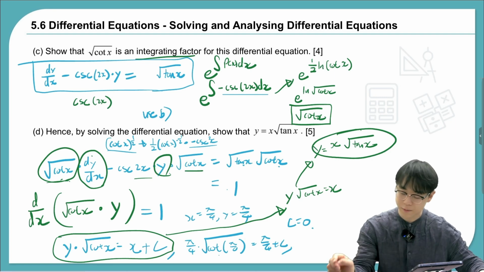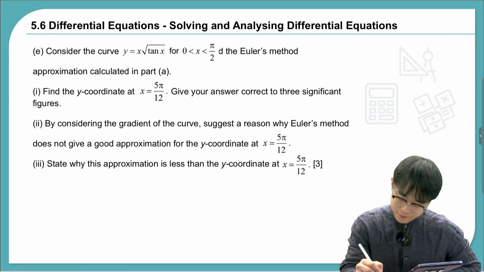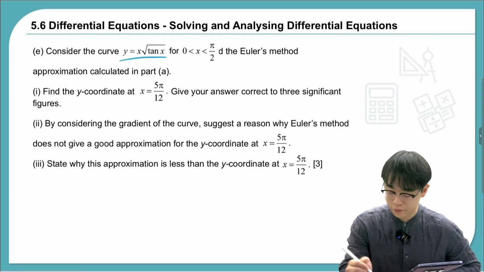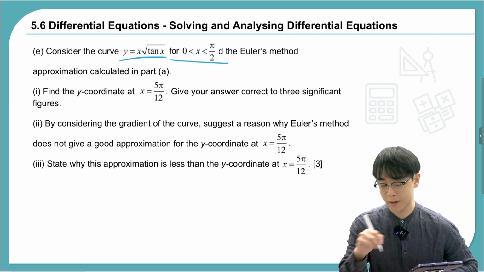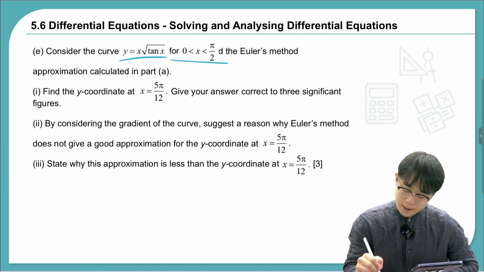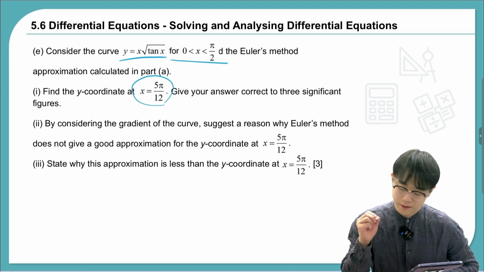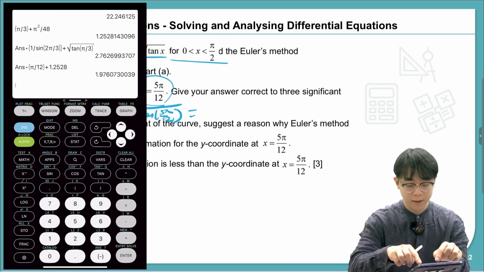And finally, let's move on to E. So we're now considering this curve, y is x square root tangent x for x between 0 and pi over 2, right? Okay, so the actual y coordinate, if you were to use x is 5 pi over 12, let's find that. So we can plug this into our calculator, right?